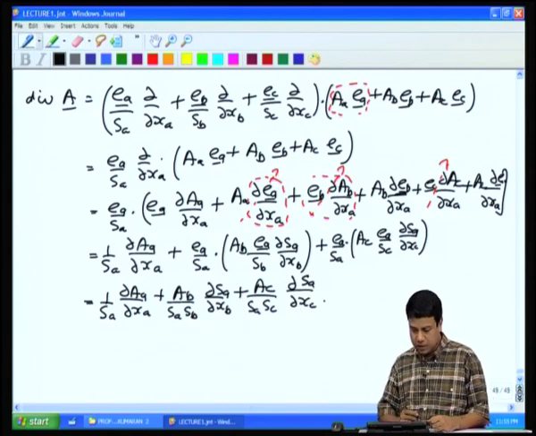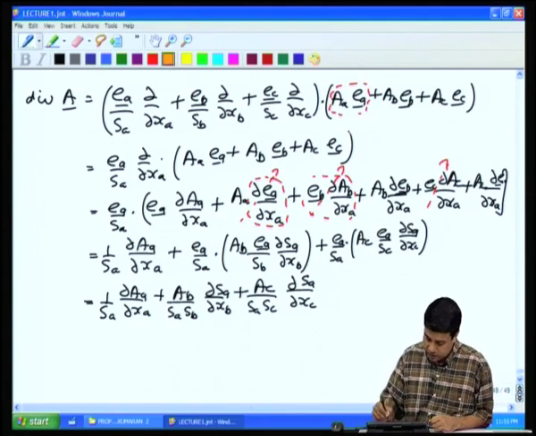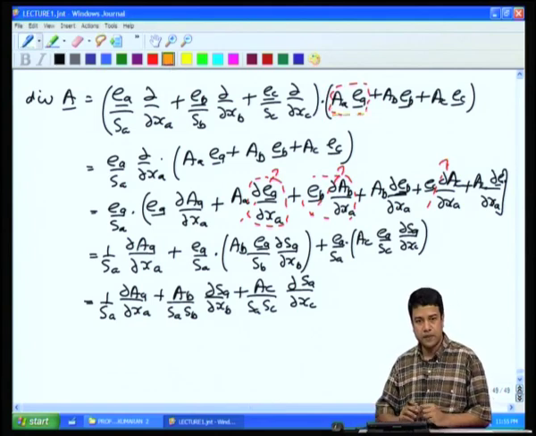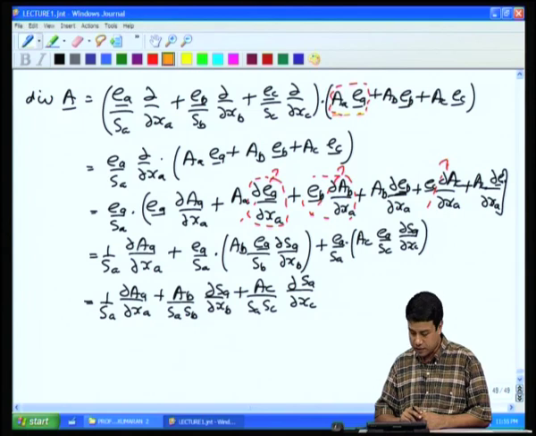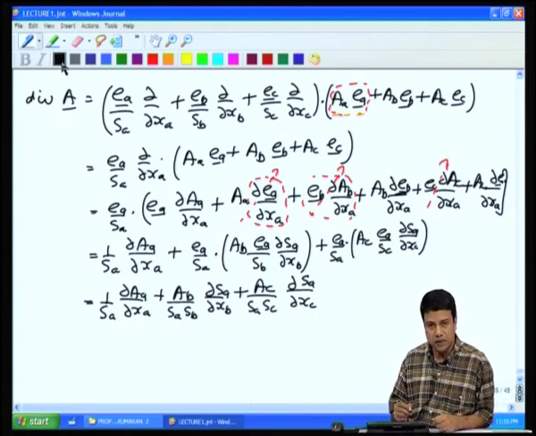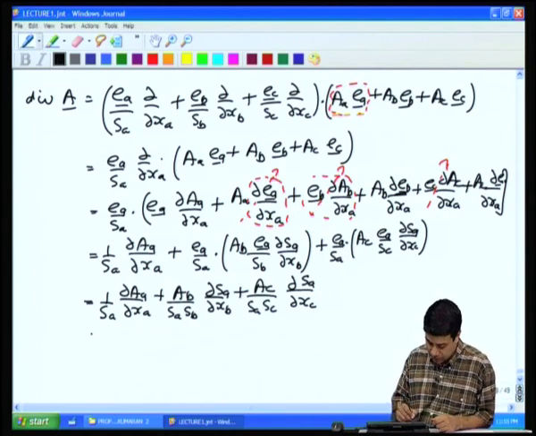Okay. That was only for this first term here. Okay. And now I need to add up the second and third terms. Okay. I will just write it down, I will not go into the details, it is just algebra of the exact same form.